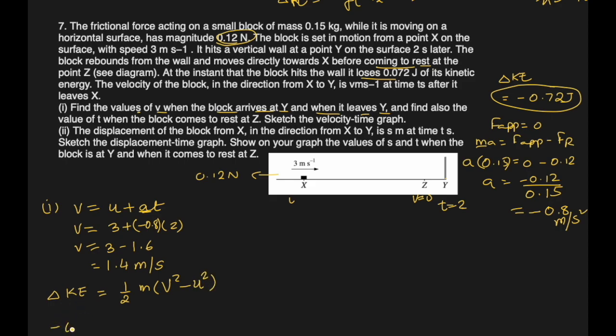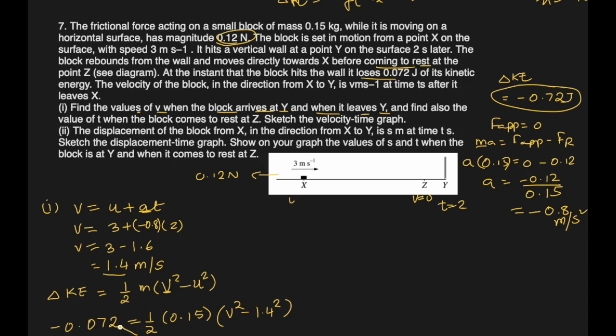So it is minus 0.072 equal to half times 0.15 times v square minus, we don't know the velocity after rebounding, that's what they're asking. But before that, we just got the velocity, which is 1.4.